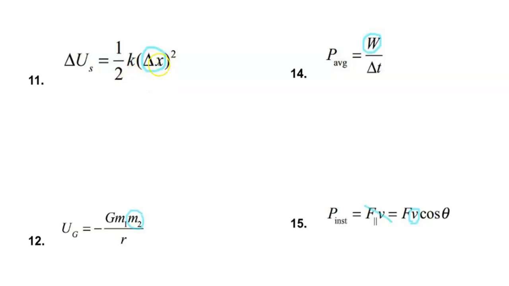So here you go. We're solving for delta x, and that means that we need to move 1/2 k over to the other side. That'll be our first move.